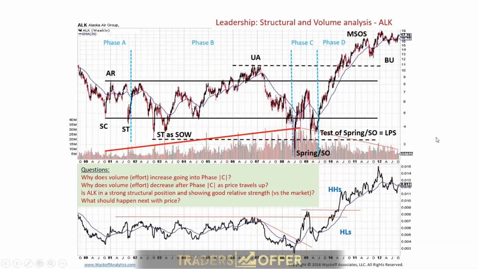Okay, well, the first analysis that we're going to do once we define the selection in terms of the outperformance, whether for the industry group or for specific stocks, we want to look at the structure, and we want to look at the volume confirmation, and also just confirm the whole outperformance picture again.